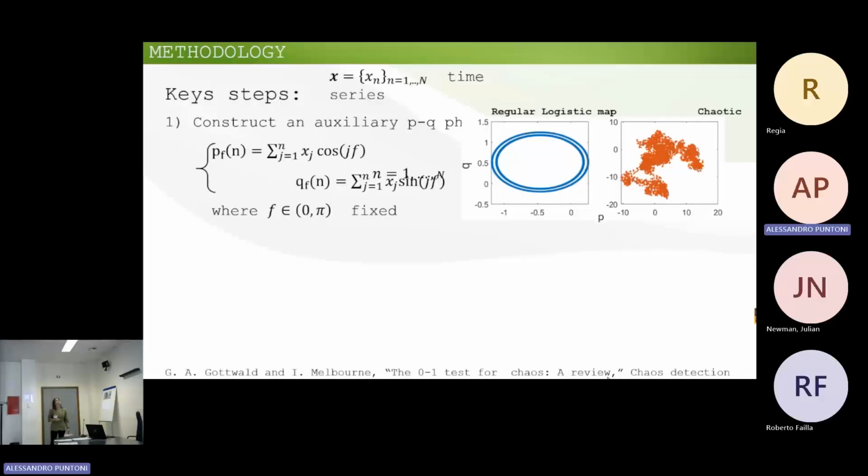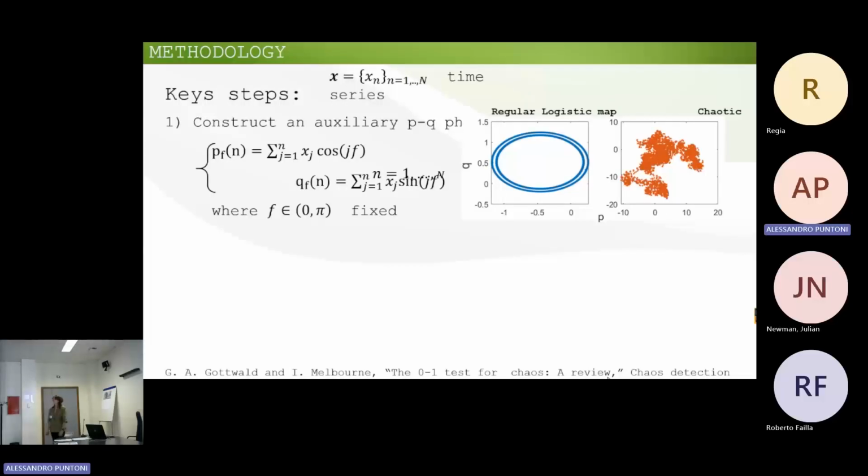You can see an example here in blue. Instead, for a time series generated from a chaotic map, the trajectories in the PQ phase space tend to cover the whole space with growth rate equal to the square root of n. You can see an example in orange.